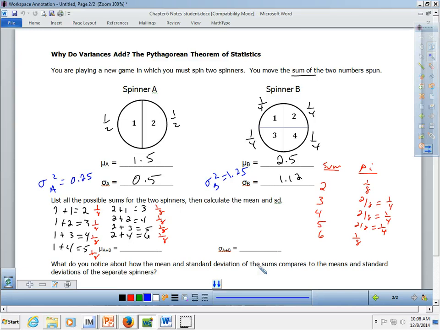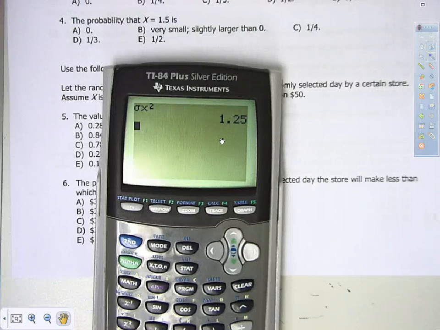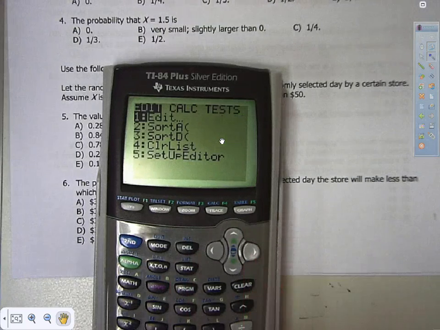Okay? All right, so here's our probability distribution for our sums. Now, to find the mean, we'd have to multiply these values, these values, these values, and add them all up. Again, I'm going to do this quickly in terms of a list. So I need a second set of lists.